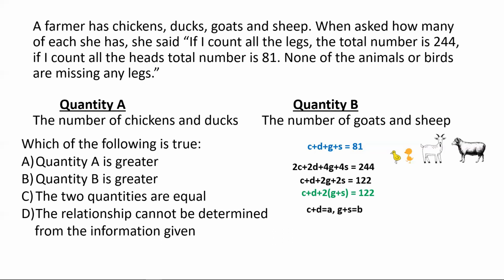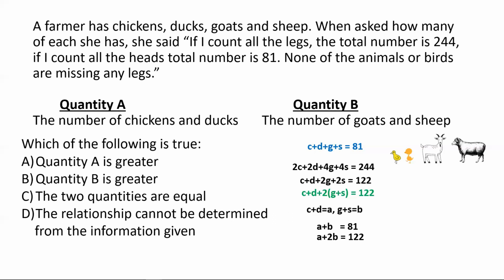Now we can let C plus D equal A, the number of chickens and ducks, so that's quantity A. And then we can let G plus S equal B, the number of goats and sheep, so that's quantity B. We can write the first equation, which was originally in blue, in terms of A and B as A plus B is equal to 81. And the equation for the number of legs, the one in green, we can rewrite in terms of A and B as A plus 2B is equal to 122.